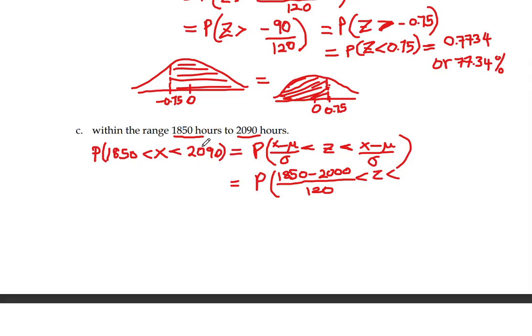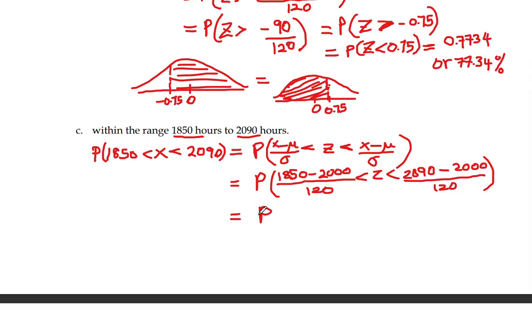The x value in this case is going to be 2090, minus the population mean, which we know from earlier is 2000 given to us in the question, divided by the same standard deviation of 120. So that's how we set this up, and now we're going to simplify.